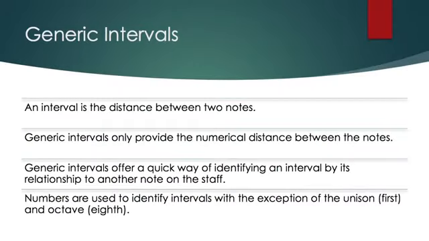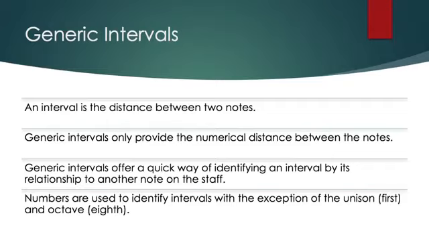So let's just do a quick review here. An interval is the distance between two notes. The distance between a combination of three notes would not be an interval, that's actually a chord. When you have three or more notes that sound together or melodically, those are usually classified as chords. So the generic interval only provides you with the numerical distance between the notes.